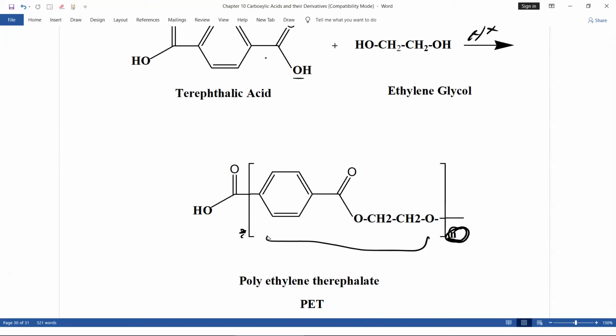And the name of this new molecule is called poly. Poly means many, from ethylene glycol, ethylene for the alcohol, R prime. Remember, for the ester, you drop the IC in the acid name of the carboxylic acid and you put ATE, and you get polyterephthalic acid.